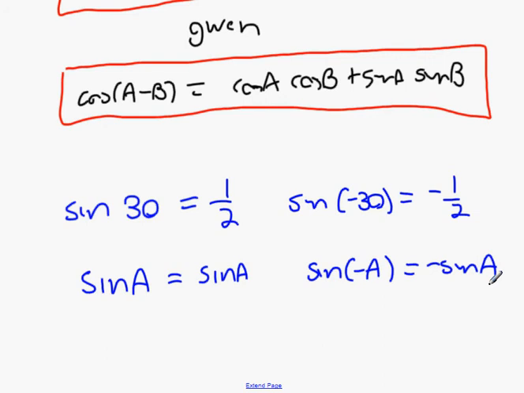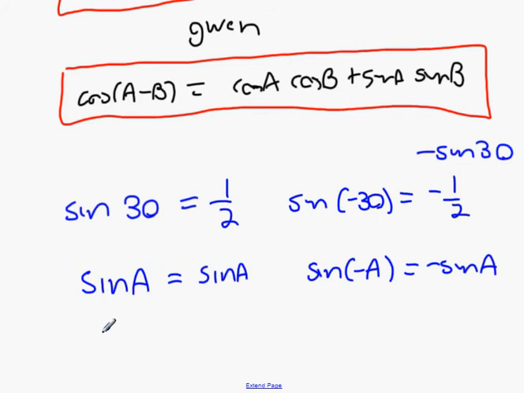See the way sin 30 is a half, and sin of minus 30 is minus a half. Minus a half can be written as minus sin 30. So the minus can almost come out of the brackets to make it work. That's only for sine.